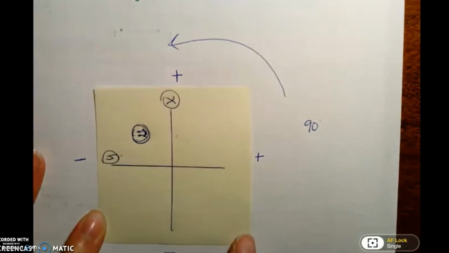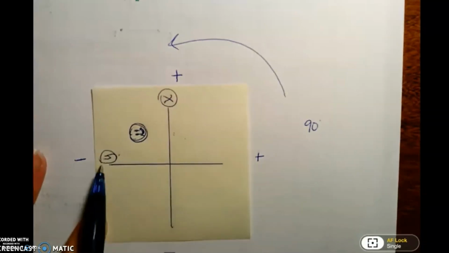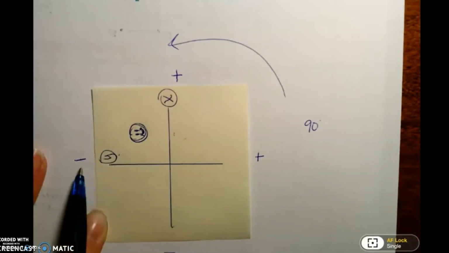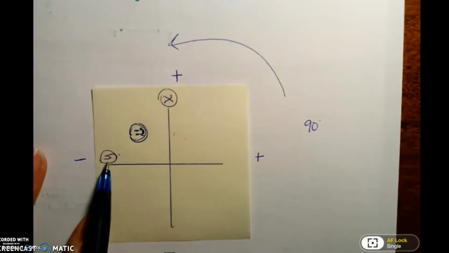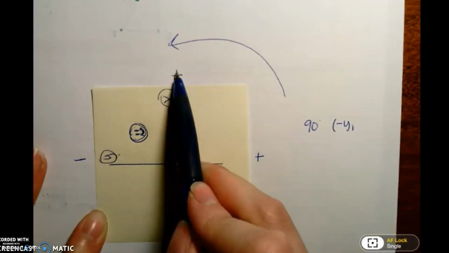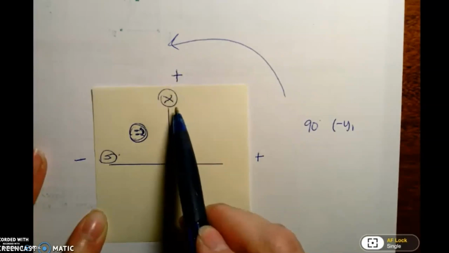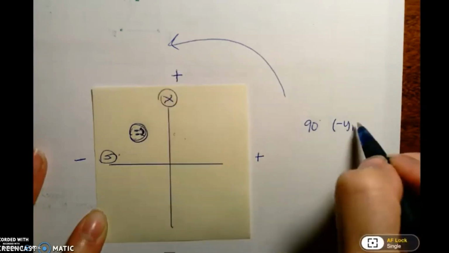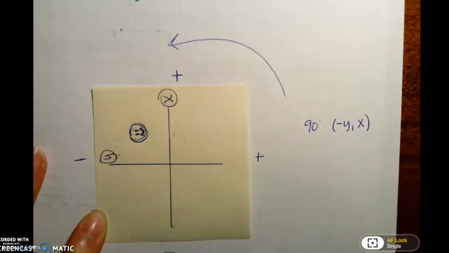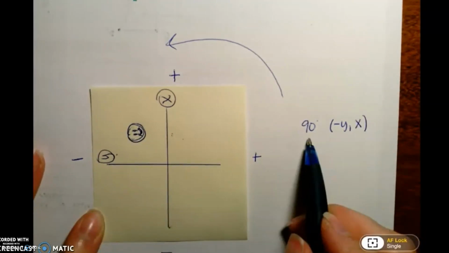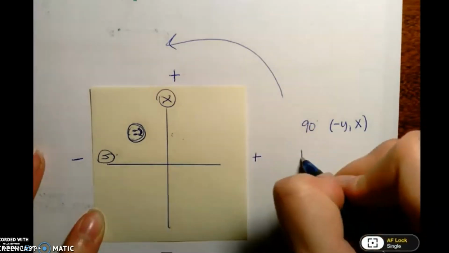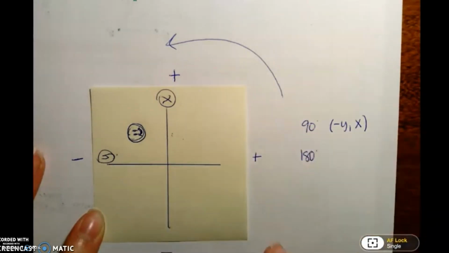So when we go to graph something, we have our horizontal number first, which is going to be a negative Y, and we have a positive X for our vertical coordinates of that. Okay, so that's our rule when we rotate 90 degrees counterclockwise. So now let's take a look at what happens when we go to 180.